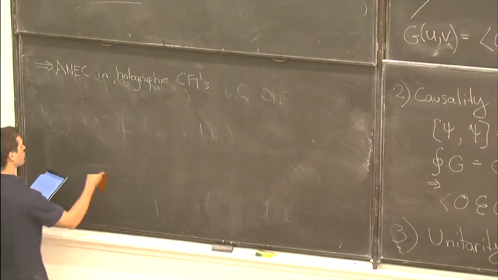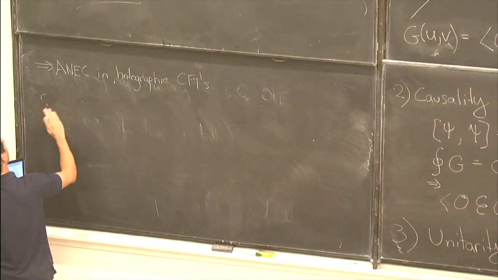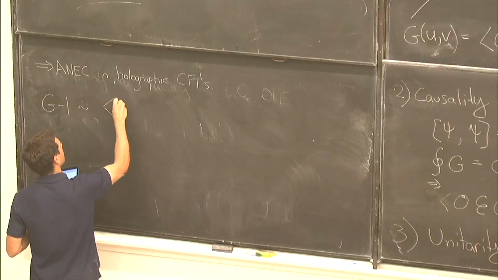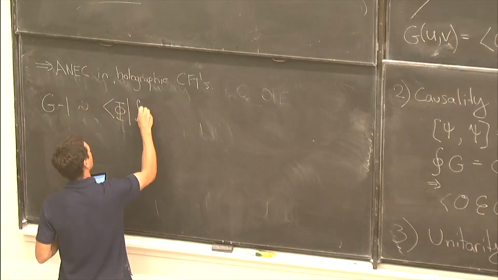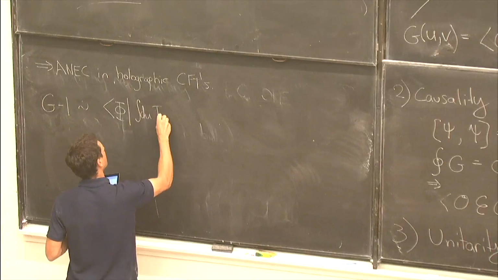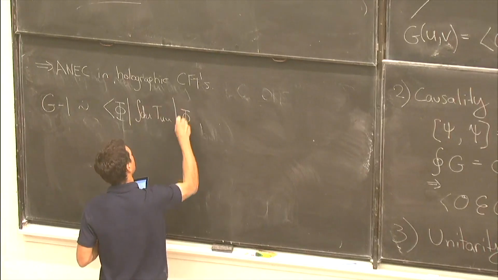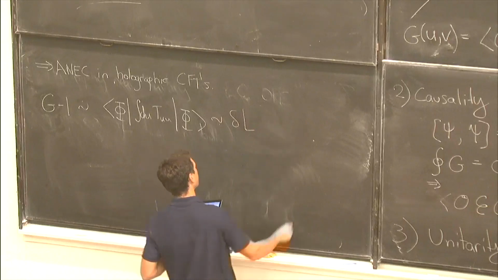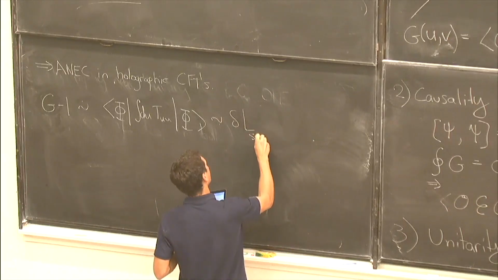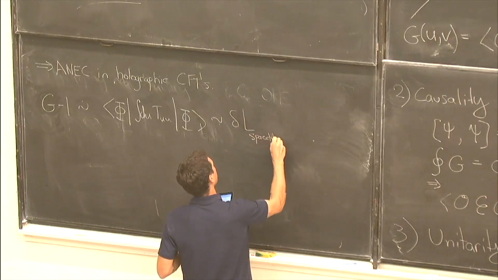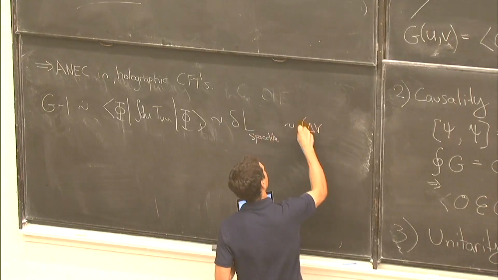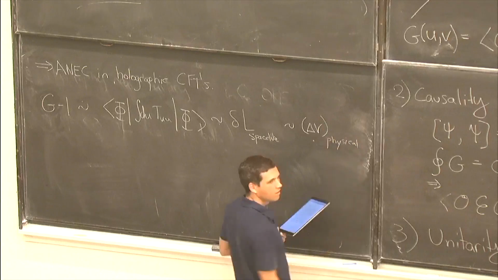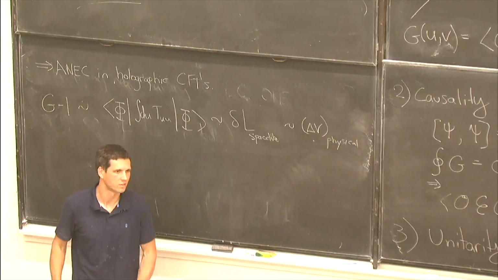Because we've already shown that g minus 1 is basically the same as this integral of the NEC, which is the same as this change in the space-like geodesic length, which is the same as this delta v of the physical signal.